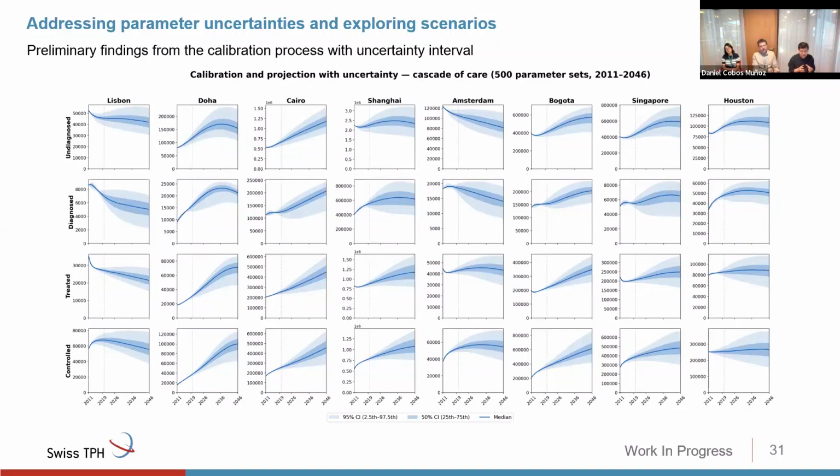So this is the primary finding of the calibration process, with the uncertainty interval, when our simulator is informed by the public data. You can see the public data does help us shape the trajectory into the future, and it does tell us the potential uncertainty ranges our calibrated simulator will be projecting. So these are very intermediate results, but they are able to tell us about the potential scenarios. So can you please go to the next one?